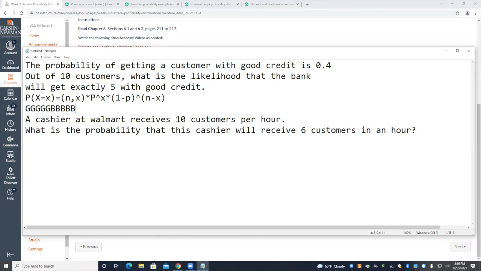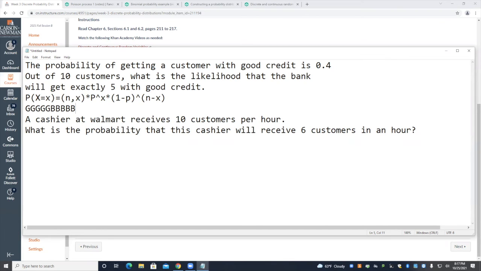How many license plates with 10 letters can you make when 5 G's and 5 B's are on the plate? That is n choose x, called a combination. And of course, you already know the formula: n factorial divided by x factorial times n minus x factorial.